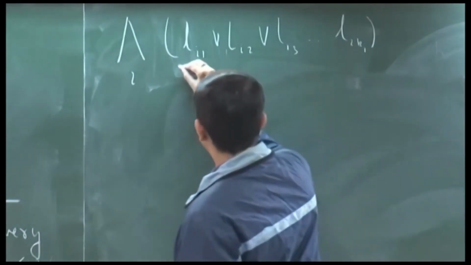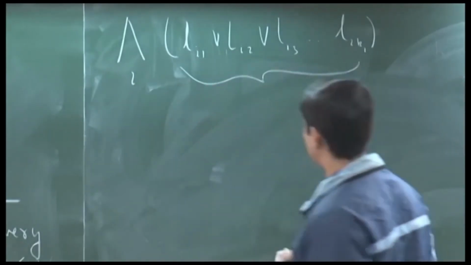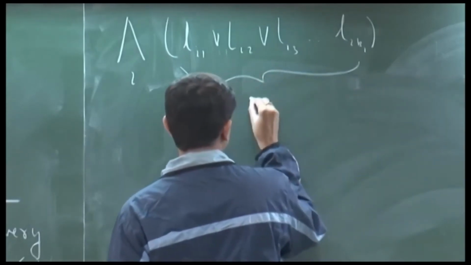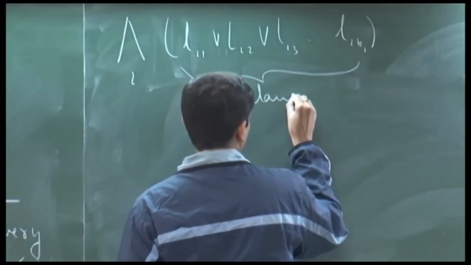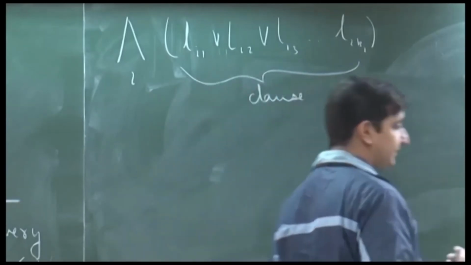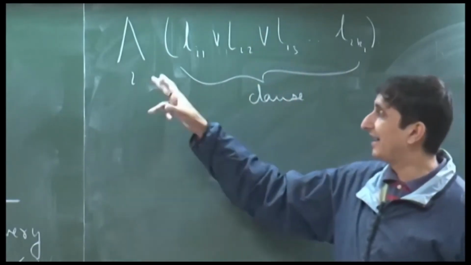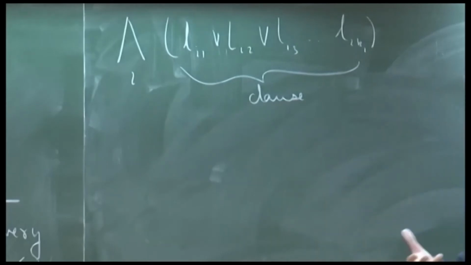Each of these formulas is known as a clause. So, a clause is basically an OR of literals, and when you look at the AND of all these clauses, that gives you a CNF formula.